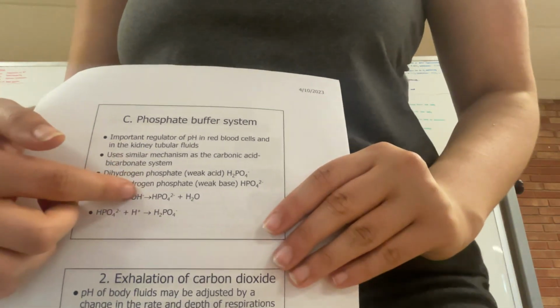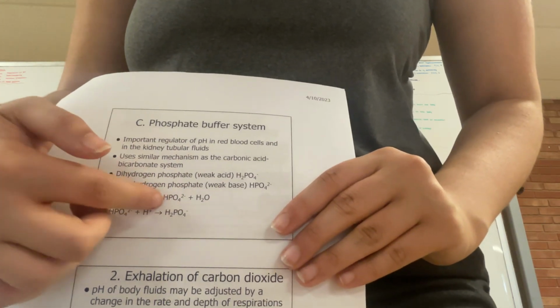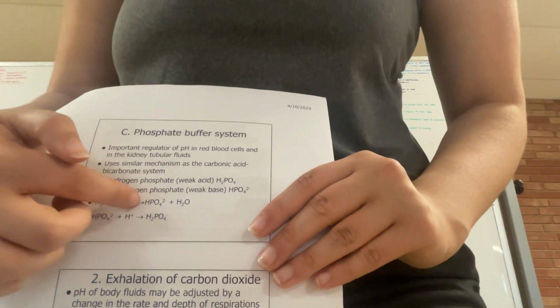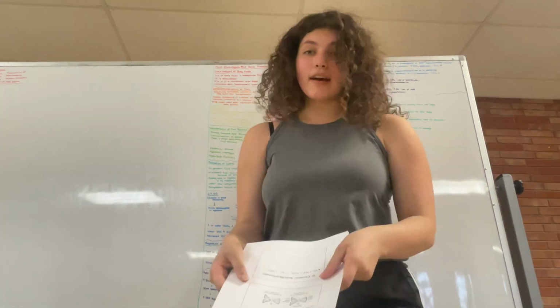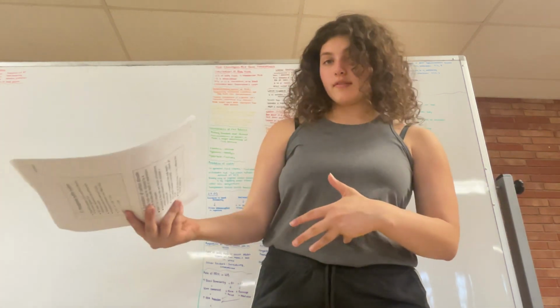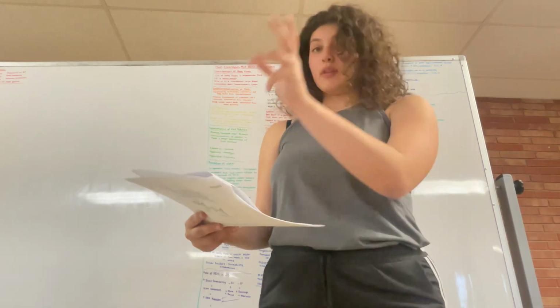That is not a reversible process, so that turns it into a weak base and water. When you have a buffer system, water is going to be a product of your original reactants. It's going to make water when you're mixing an acid with a base.